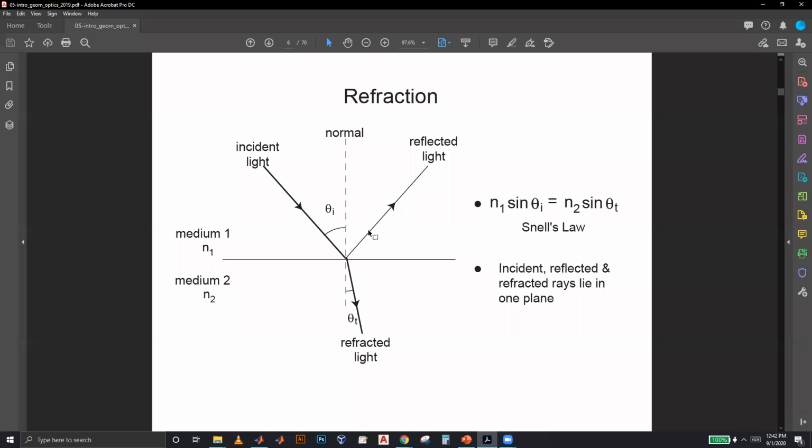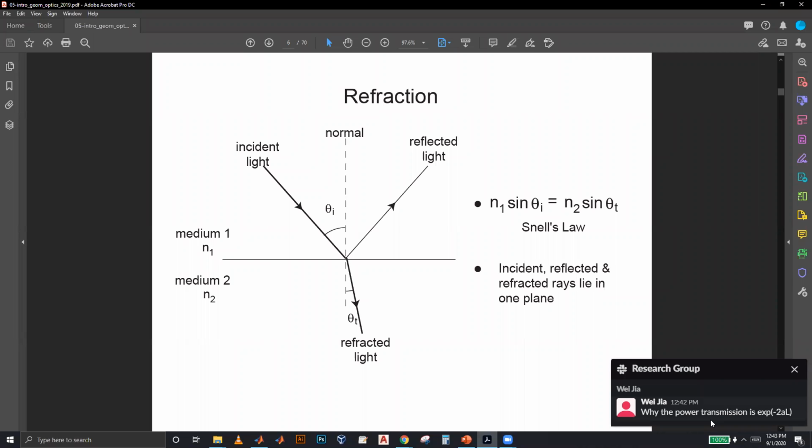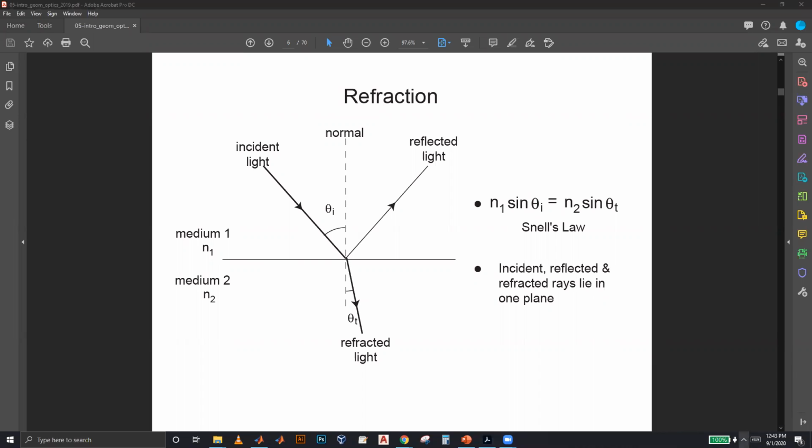Okay, so the second phenomenon is refraction. Suppose the first medium is air and the second medium is glass, or the second medium is water.